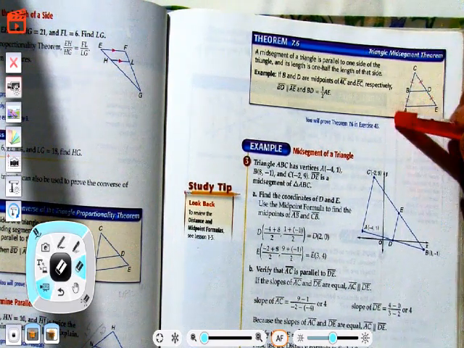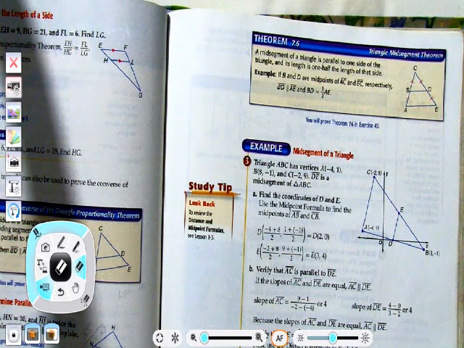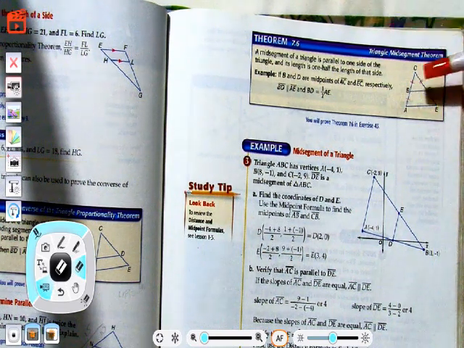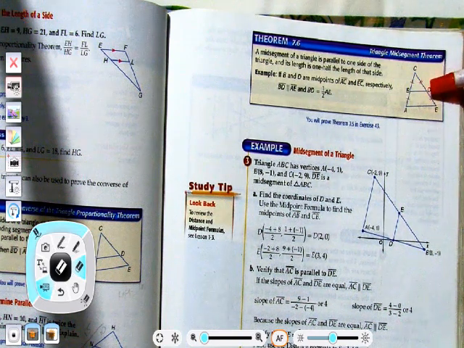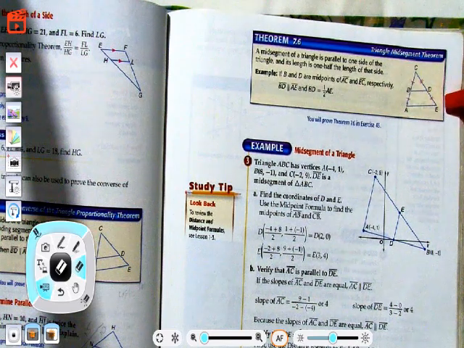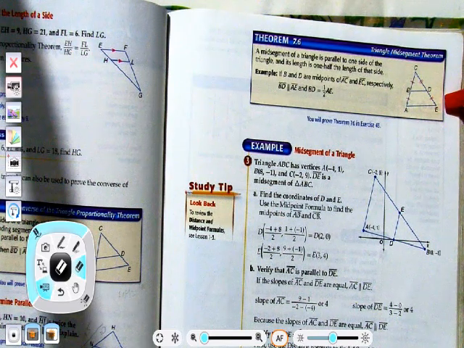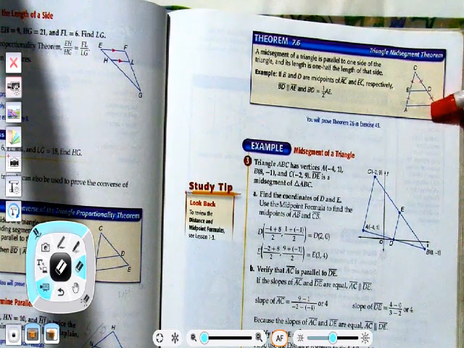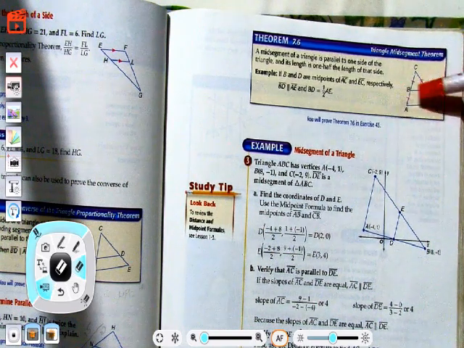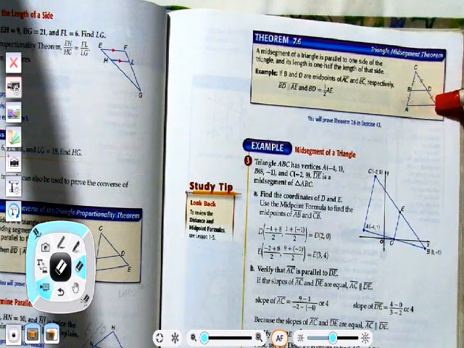So what happens if it's a mid-segment? First, the length of this is 1/2 of the length of the side of the triangle to which it's parallel. So if this is 10, this is 5. If this is 20, this is 10. If this is 50, this is 25.